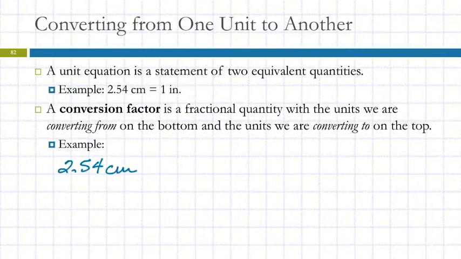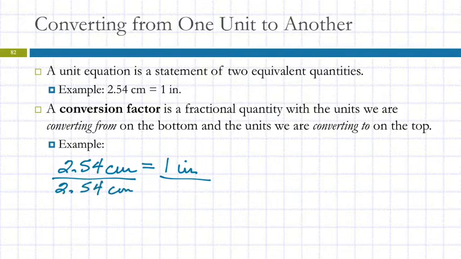And so we can take this relationship, 2.54 centimeters equals 1 inch, and when we have an equality, if we do the same thing to both sides, they're still equal. So I could divide both sides by 2.54 centimeters. Because I did the same thing to both sides, they're still equal. And 2.54 divided by 2.54 is 1.